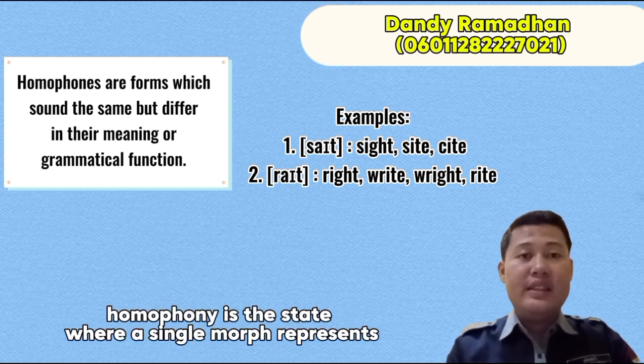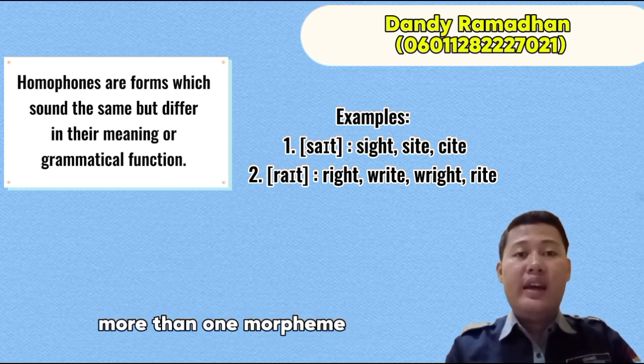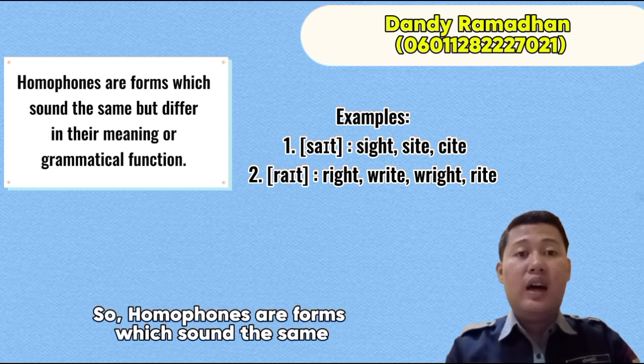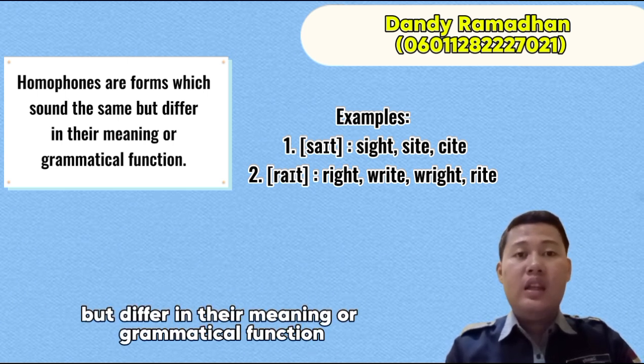Homophony is the state where a single morph represents more than one morpheme. So, homophones are forms which sound the same but differ in their meaning or grammatical function.